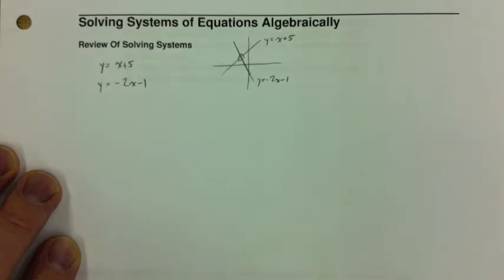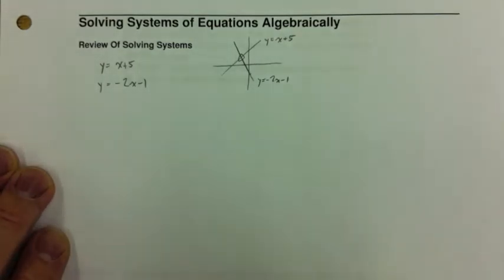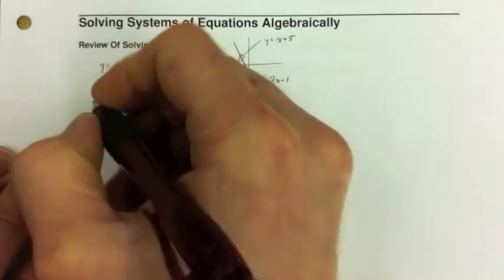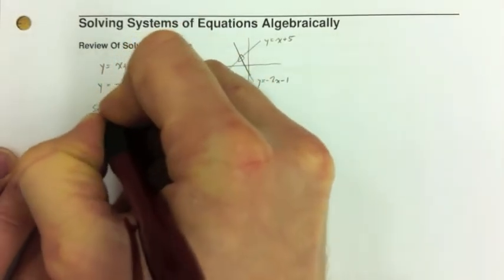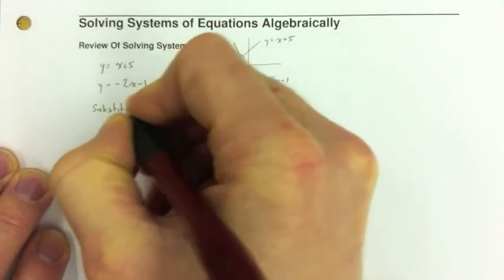When we're dealing with linear systems and conics, though, our primary method of choice is going to be substitution.